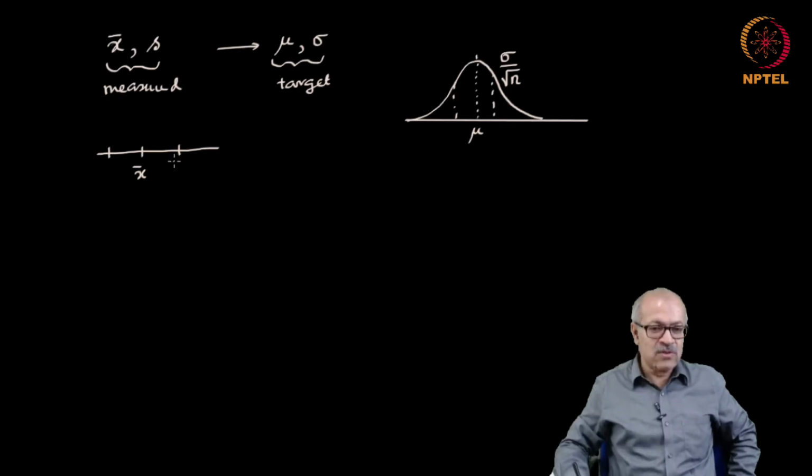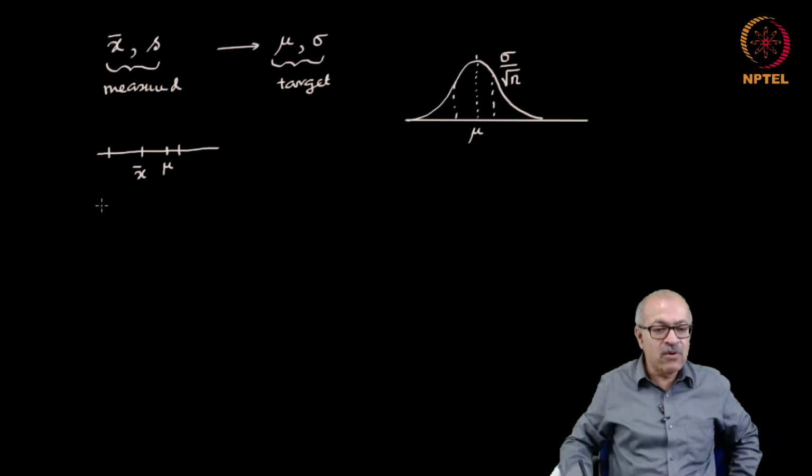And in doing so, we argued that if say mu is here, then the distance from x to the mu is the same as the distance from the mu to the x, and therefore, the probability that mu lies within.